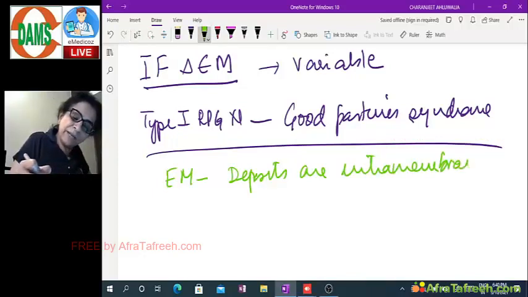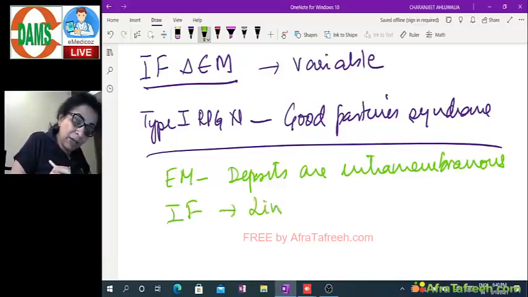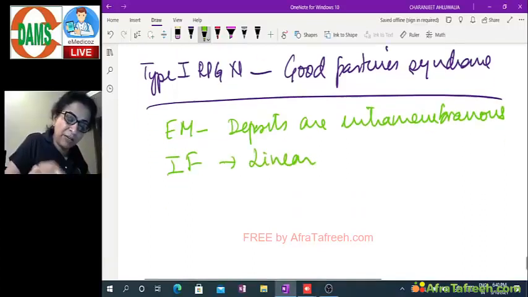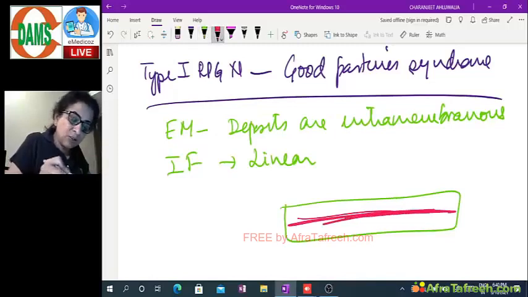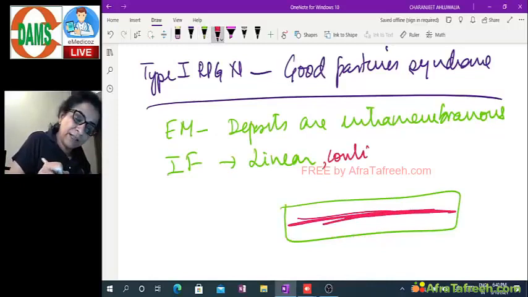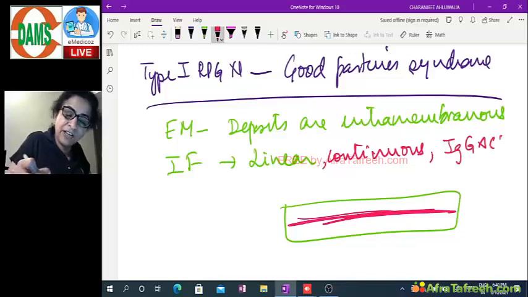And by immunofluorescence, how are the deposits? They are linear. They are not granular deposits. They are all continuous. If this is the basement membrane, the deposits are something like this. So they are linear, continuous, and these deposits are composed of IgG and C3. They have IgG and C3 in them.